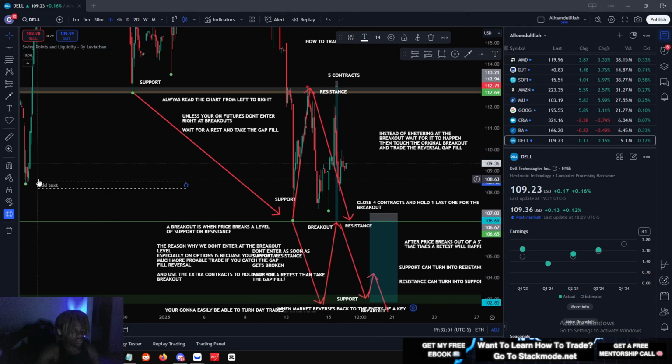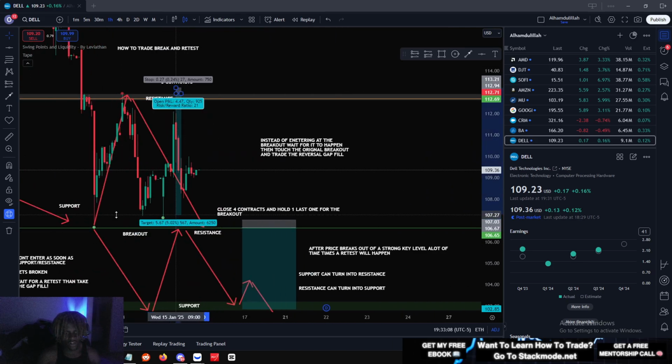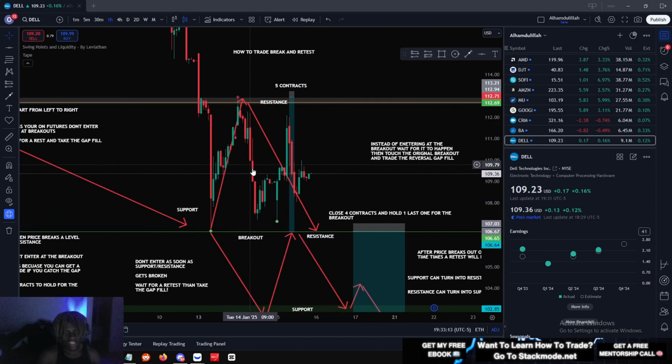So your take profit is going to be wherever price stopped and bounced before. Yeah, so this is the gap fill here. Like all of this. Exactly. A gap is an open area between support and resistance.